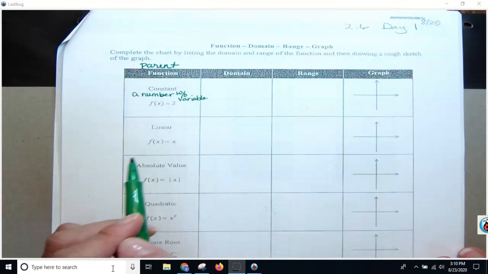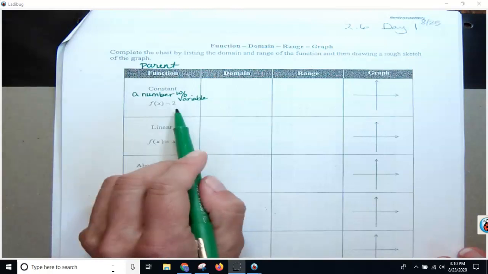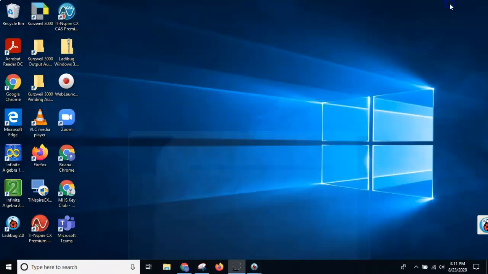2 is a constant. So when we look at that, there's a couple of ways to go about this. You can graph it, and I will show you.